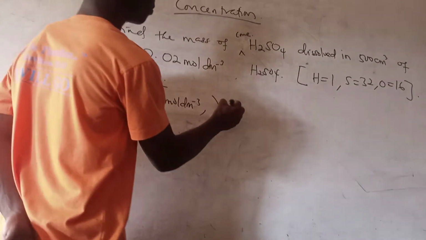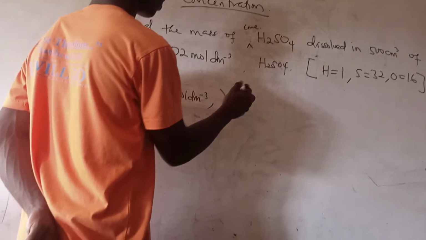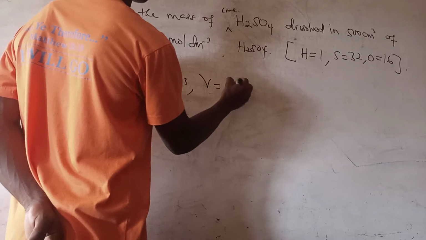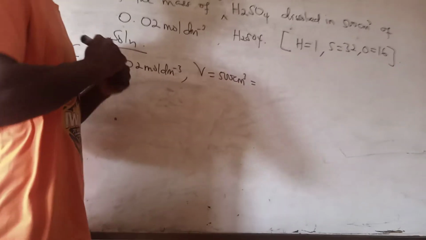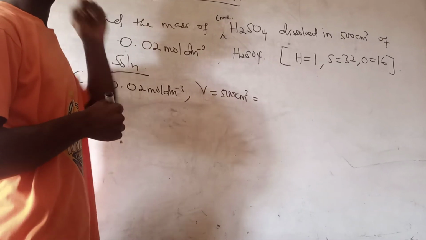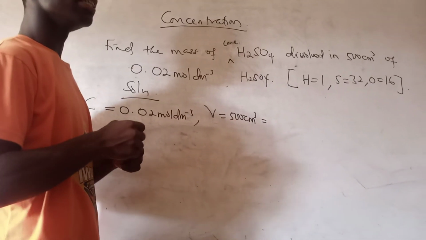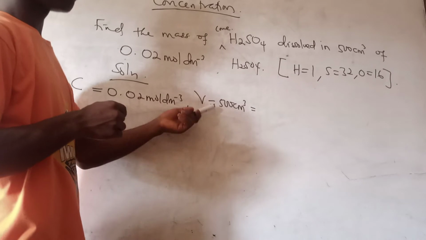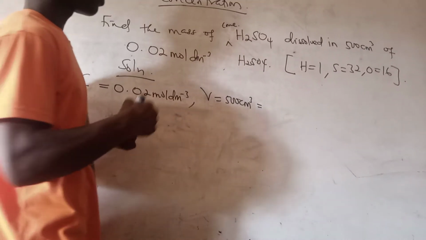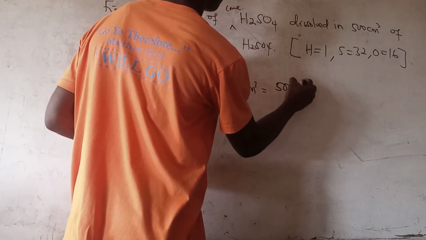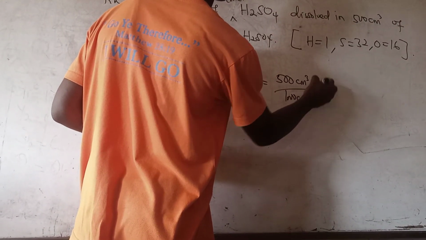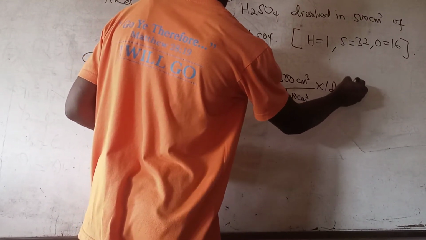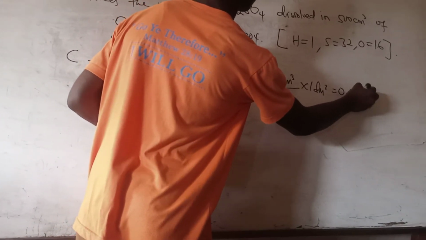We have the volume to be equal to 500 cm3, and we are supposed to convert it into what? Decimeter cube. So 1000 cm3 is equal to 1 dm3. Therefore 500 cm3 will be equal to, so it will divide by 1000. So 500 cm3 over 1000 cm3 times 1 dm3, making 0.5 dm3.